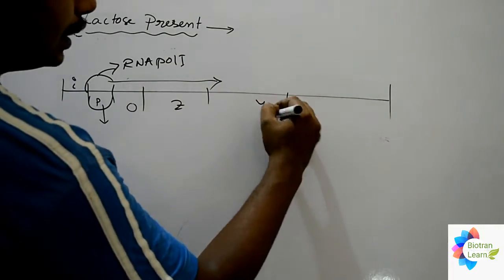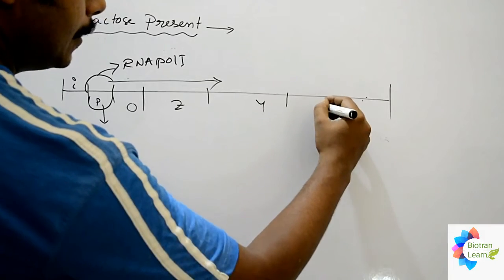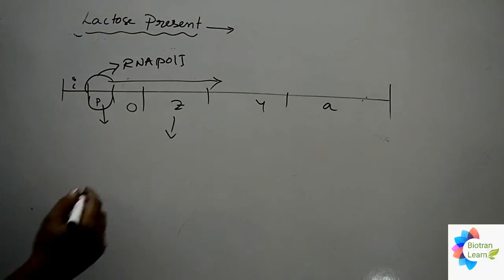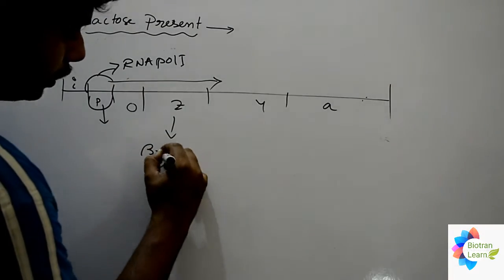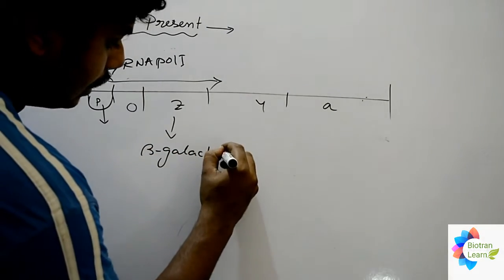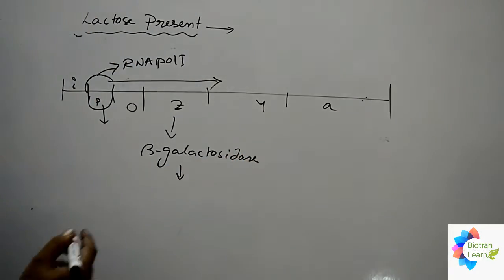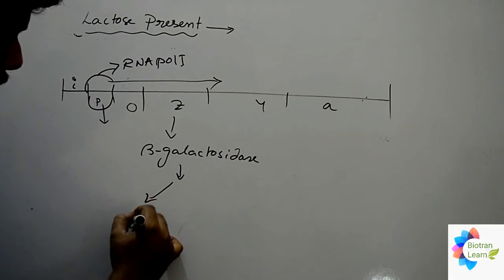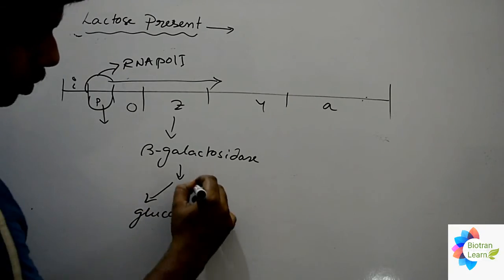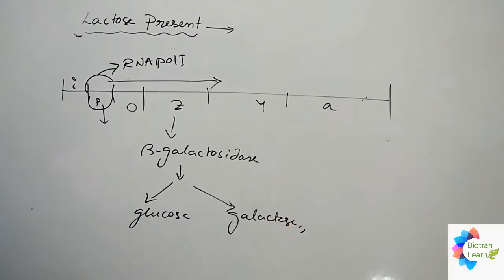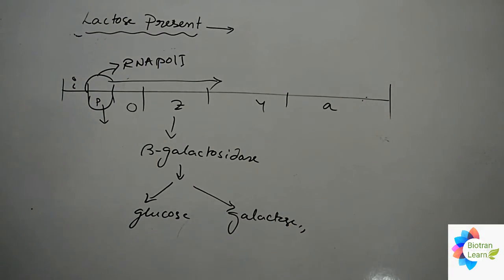So the Z sequence will produce beta galactosidase, and that beta galactosidase will produce glucose and galactose in many ways, right?